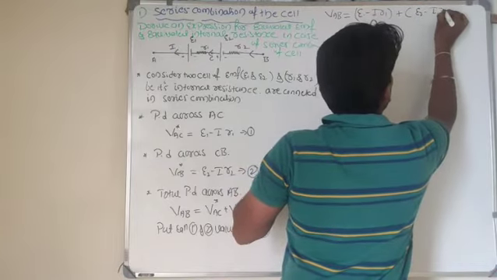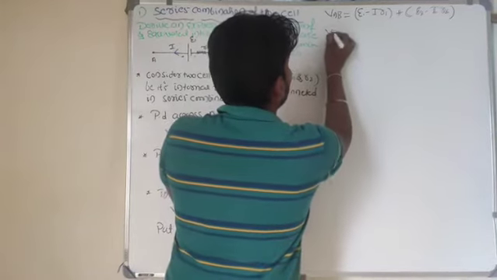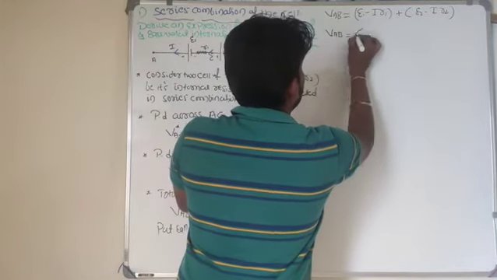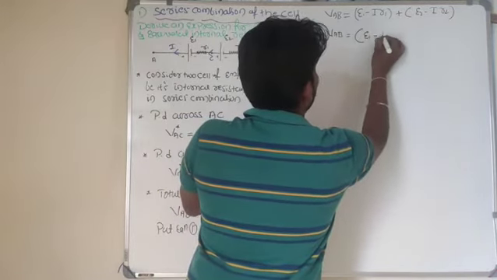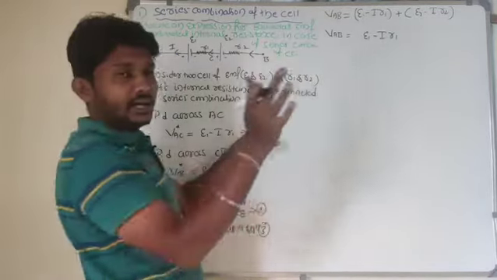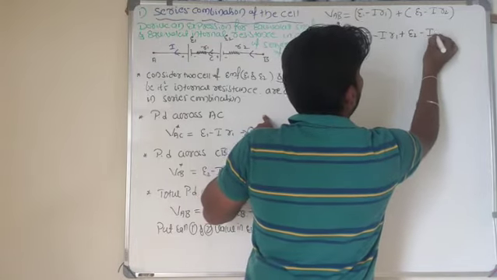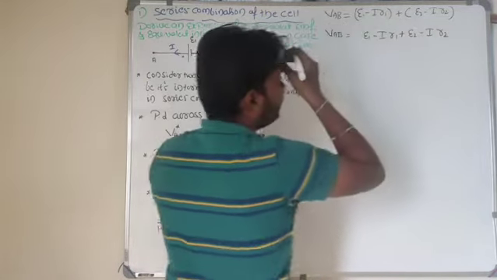Let me simplify this equation. V of A to B is equal to E1 minus I into R1, taking out the bracket, plus E2 minus I into R2.